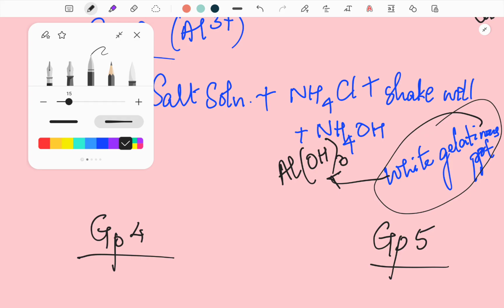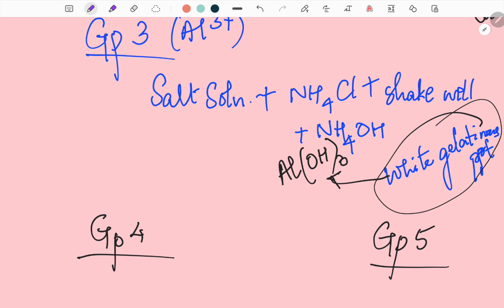It should be a continuous test where you perform all the tests until you get a positive result for one of the ions. So if you are not getting a white gelatinous precipitate, you have to keep moving on to the next one.